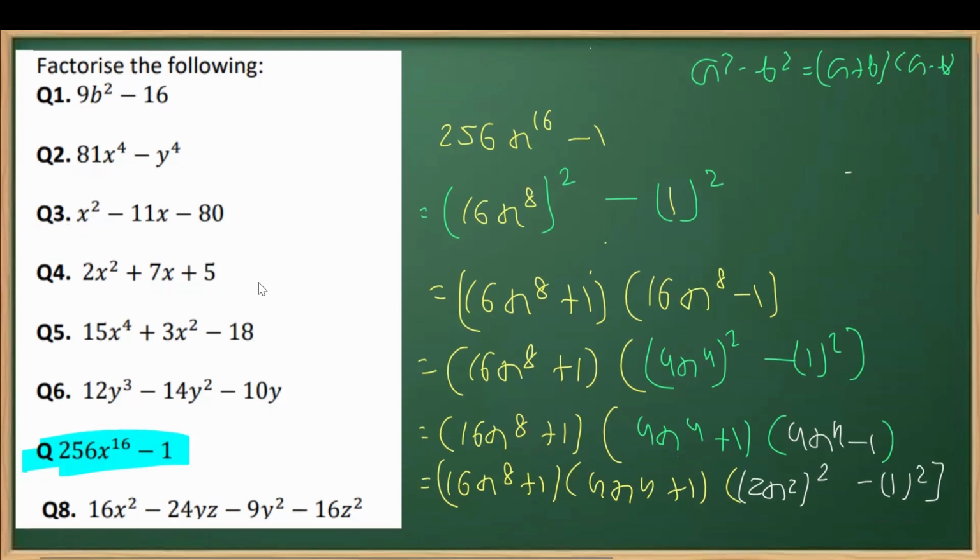So check now, keeping everything same, this is 16x raised to the power 8 plus 1, and this should be written as 4x raised to the power 4 plus 1. But after factorization, the last part will become 2x plus 1 and 2x minus 1. That's how we will do this question. Now coming to the next.